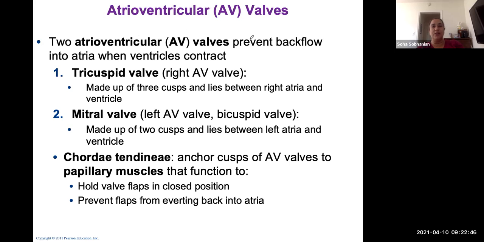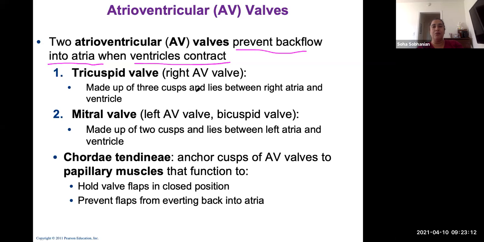So atrioventricular valves, again, what is their job? To prevent the backflow of blood into the atria. Doesn't matter which atria, guys, right or left, when my ventricles are contracting. On the right-hand side, the right AV valve is called the tricuspid valve.